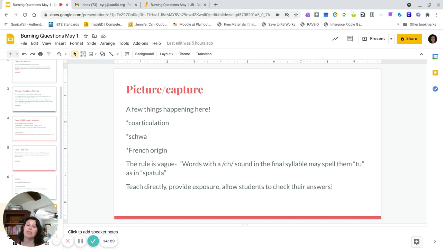Words with a ch sound in the final syllable may be spelled T-U-R-E, like in spatula. If this is scripted into your program, then just be aware that this is a co-articulation and origin issue and that you need to teach words like this directly, provide students with lots of exposure. And then when you're asking kids to spell these words, allow them to use their word study notebook to check their answers.